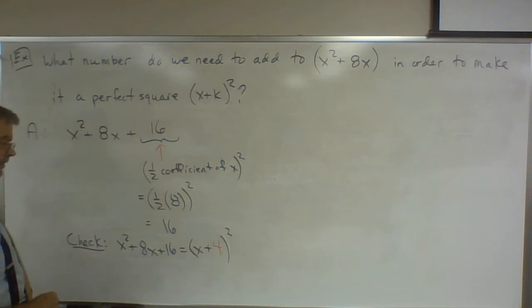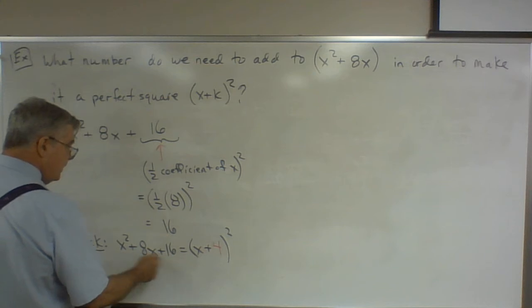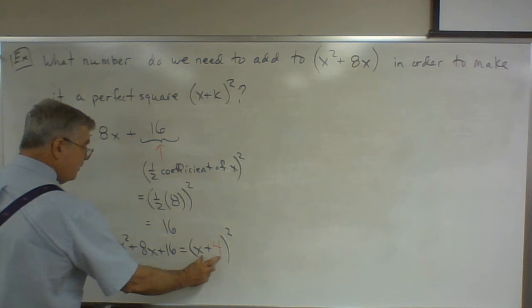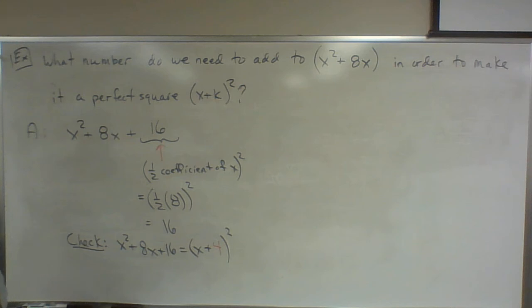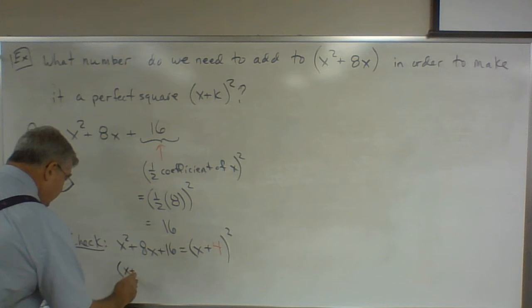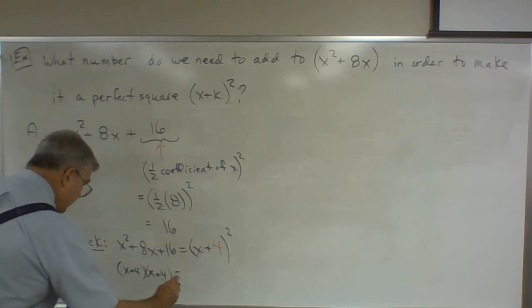Does it work? If we multiply this out, we're going to get x squared. We're going to get 4 squared is 16. And we're going to get 4 times x doubled is 8x. That works. Or if we want to FOIL it out, we'll get x plus 4, x plus 4.